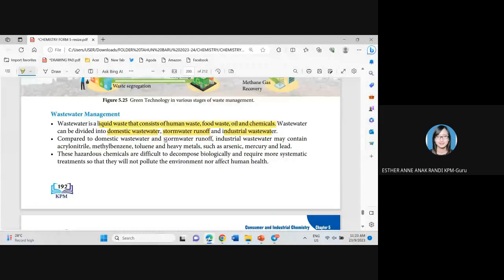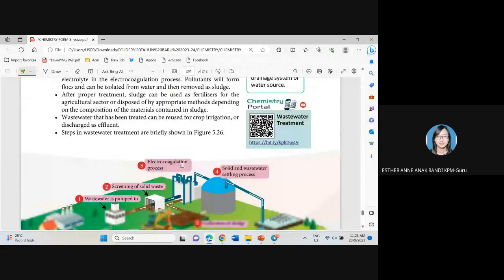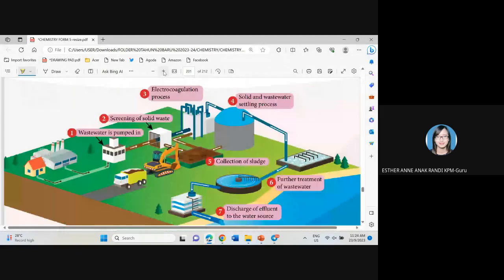So wastewater stream. So these contain human waste, food waste, oils and chemicals. Okay, so this is the process. Kita tengok. So air daripada rumah, daripada kilang-kilang, kita akan buang dekat dalam longkang kan. Okay, so bila dia lalu dekat sini, this is where the wastewater pumps in.